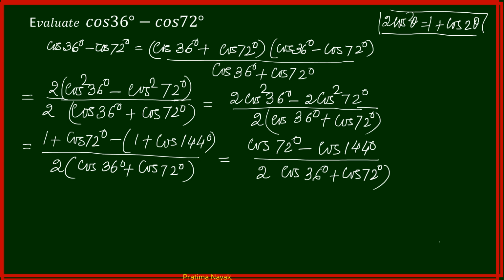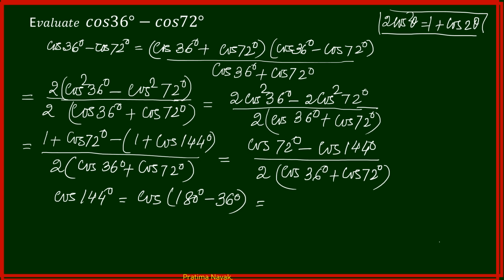Next, we'll change this cos 144 degree. Cos 144 degree can be written as cos of 180 minus 36 degree.